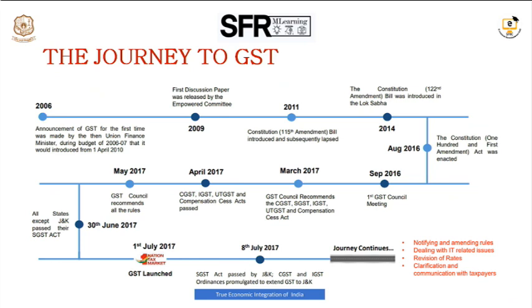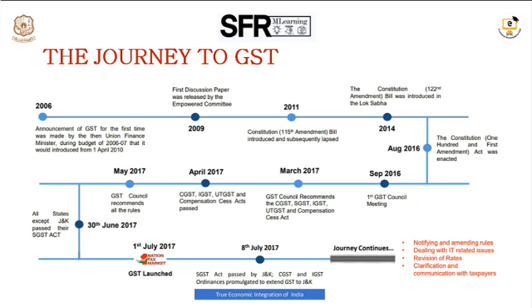Later, the Union Budget 2006-07 announced that GST would be applicable from 1st April 2010. After several meetings and forming several committees, the Government of India issued the first discussion paper in November 2009, and the Finance Minister announced in a speech that GST would be rolled out by April 2011.